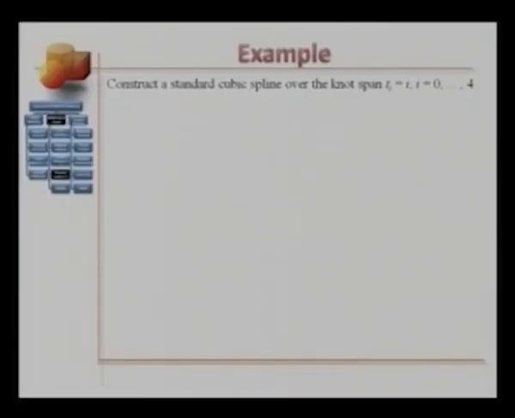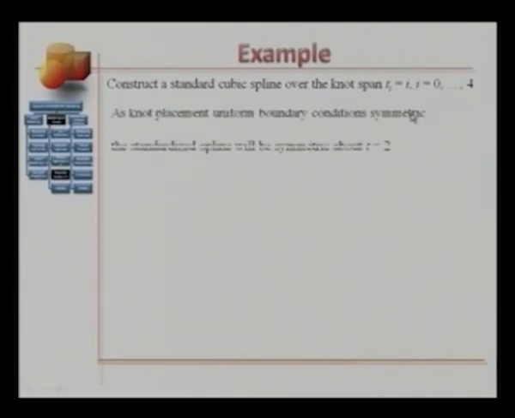Let's take a look at an example. We try to construct a standard cubic, again, piecewise continuous composite spline over the knot span Ti equals I, where I goes from 0 to 4. We understand that the placement of these knots is uniform.